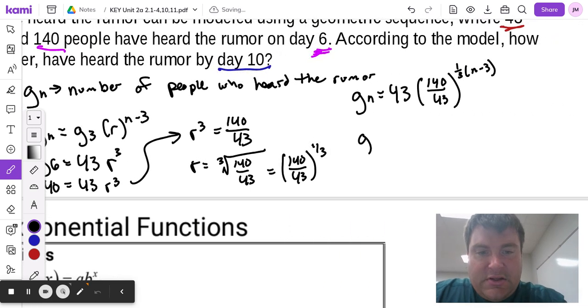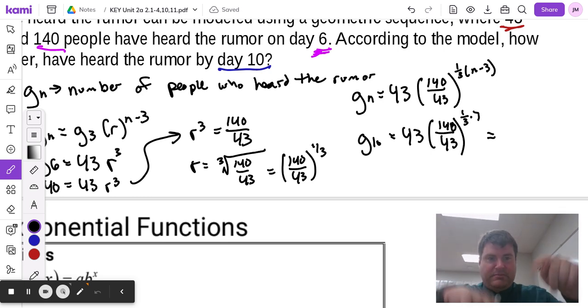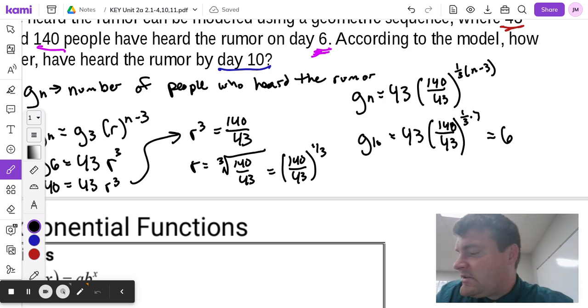G sub 10 is equal to 43 times 140 over 43, to the 1/3 times 7. This requires a calculator. So let me just pretend I have my calculator out and I'm typing in the buttons. And enter. And look, I get an answer of 675.578. A lot of other numbers I don't really care about.